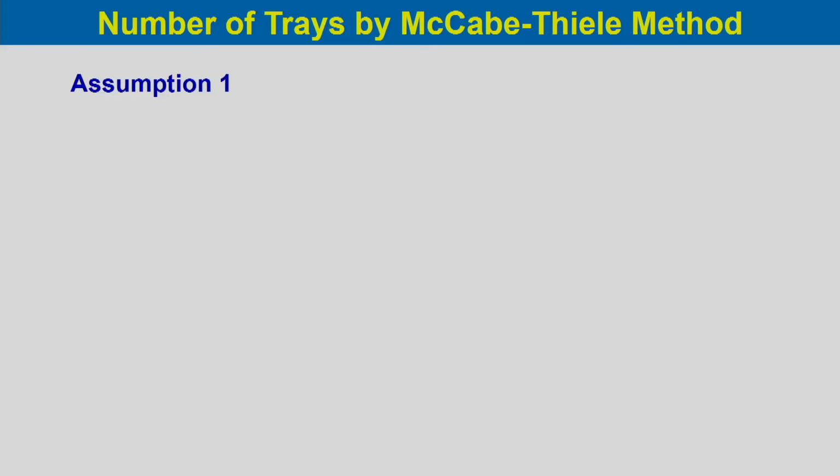There are some assumptions and we will just discuss the fundamentals of the McCabe-Thiele method for determining the number of trays, that is the graphical method, and to do so we need to have a few assumptions.